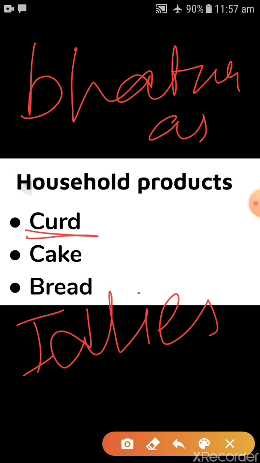Yeast reproduces rapidly and produces carbon dioxide during respiration. Bubbles of the gas fill the dough and increase its volume. This is because of the use of yeast only.